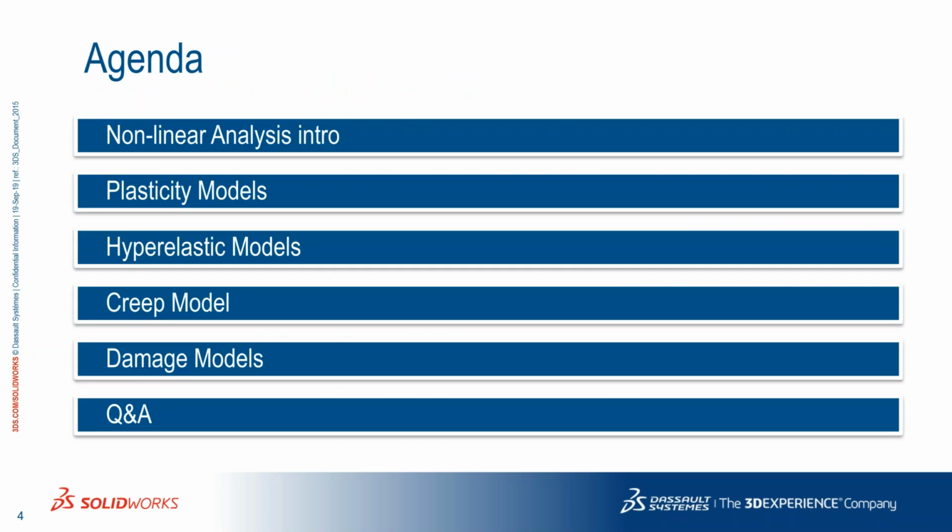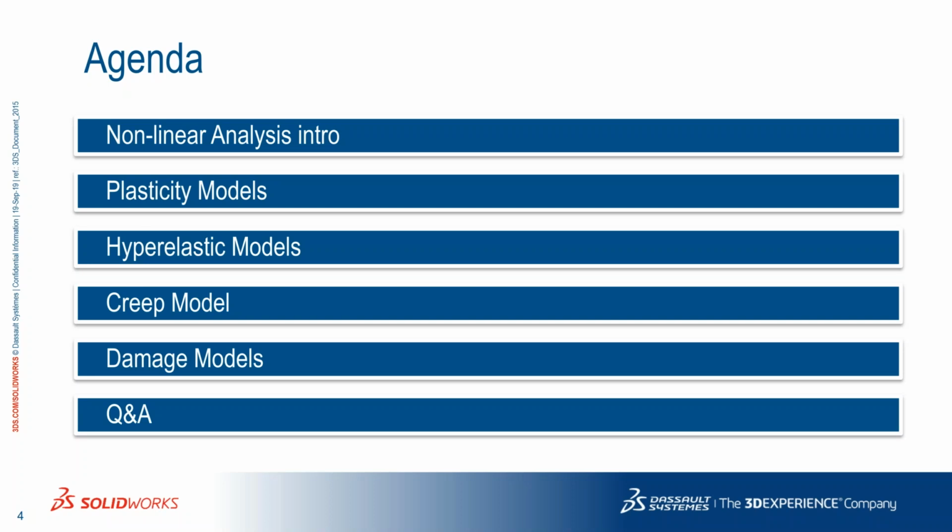So let's talk about the agenda. We will check what a nonlinear analysis is, and I will talk about plasticity models, for example in metals, in steel structures, and so on. We will then discuss hyperelastic models, especially useful for rubber-like materials, for sealing materials, and so on.